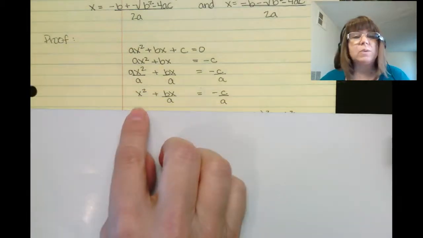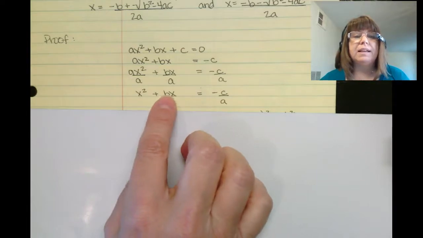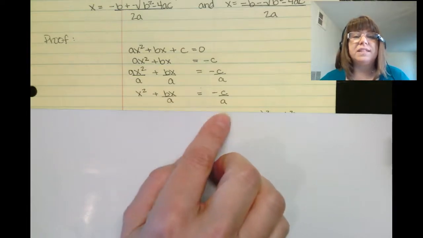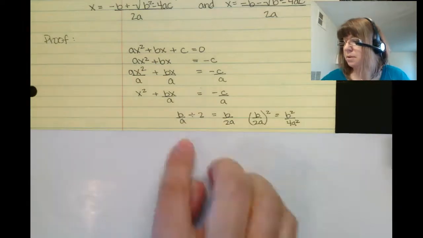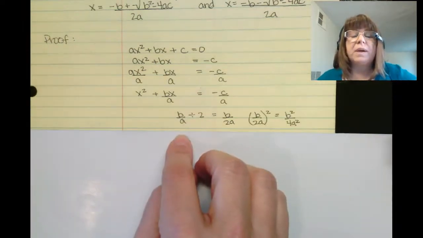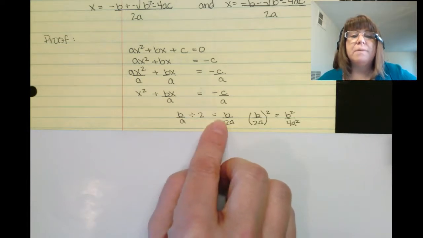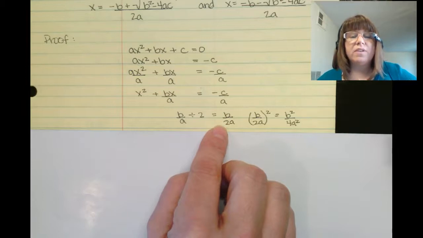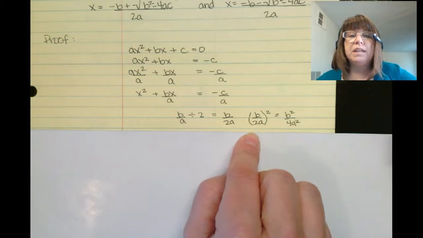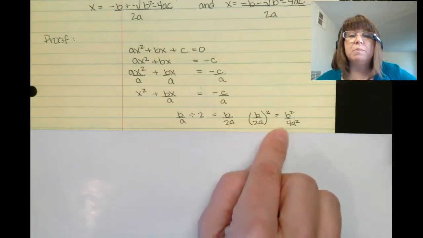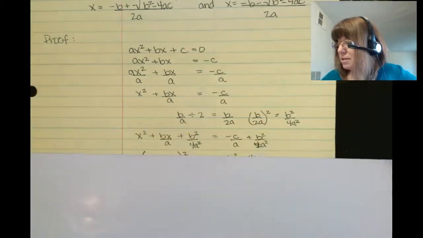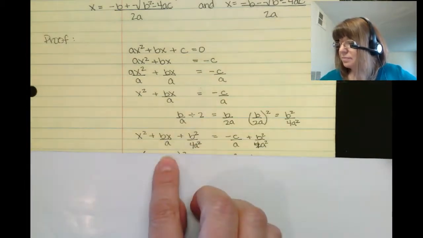Now I'm left with x squared plus bx over a equals negative c over a. I'm going to complete the square, so I take the coefficient of my linear term, which is b over a, and I divide it by 2. That gives me b over 2a. Then I square it to figure out what I'm going to add to each side. So I have b over 2a squared, which is b squared over 4a squared. I'm going to add that to both sides.